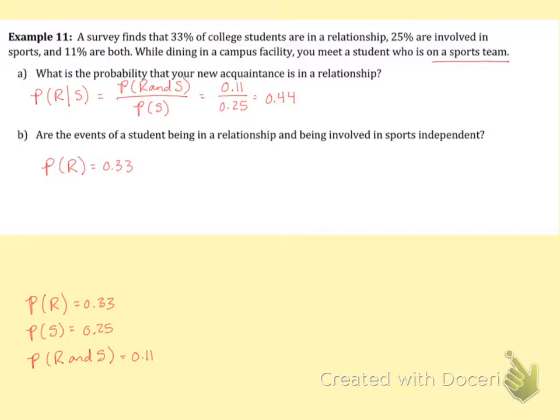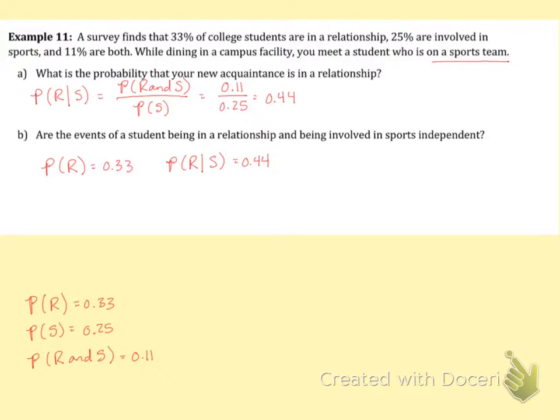I now want to know if being on a sports team affects the probability of being in a relationship. So I'm going to compare this value to the probability that a student is in a relationship given that they're on a sports team. Well, we just found that in part A. That's 0.44.